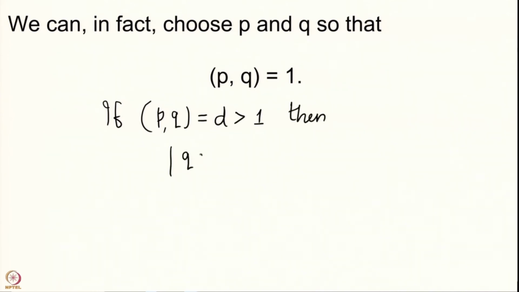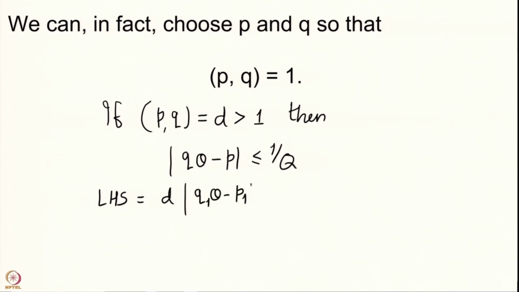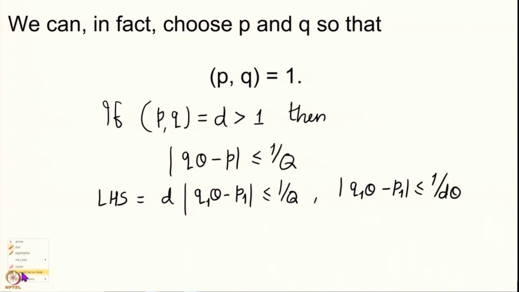then mod q theta minus p, which we know is less than or equal to 1 upon capital Q, the LHS would give, you will take the GCD common and you will have mod q1 theta minus p1 less than or equal to 1 by capital Q, which would give you mod of q1 theta minus p1 to be less than or equal to 1 upon dq, which is of course less than 1 upon q.